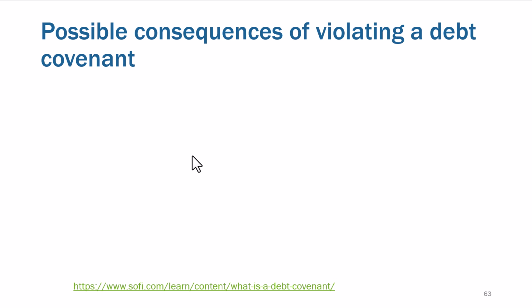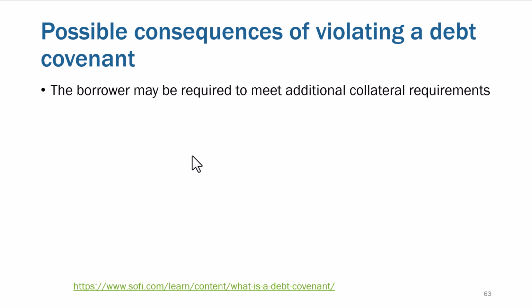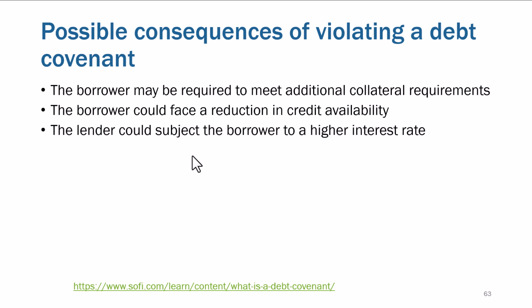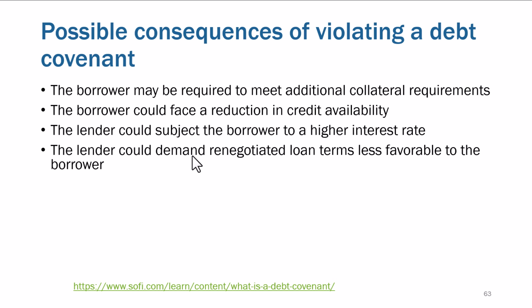Now, consequences. Let's say that a company needs to maintain certain leverage ratios, or certain operating income ratios compared to interest expense. There could be some consequences if they don't meet that. They might have to put up additional collateral. They might see their available credit reduced. They could see an increased interest rate.